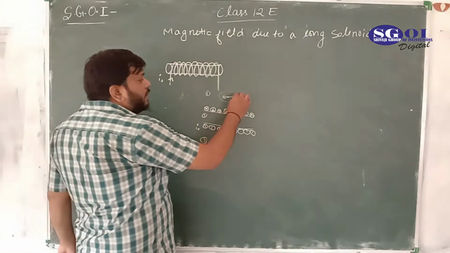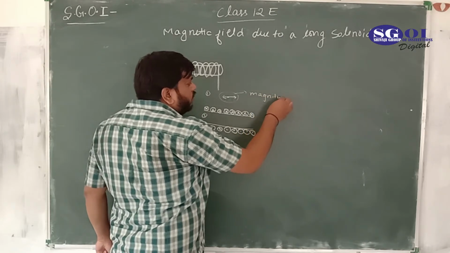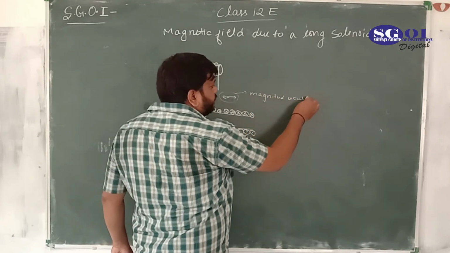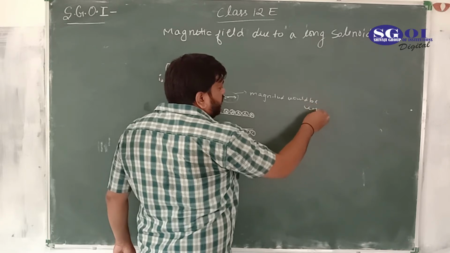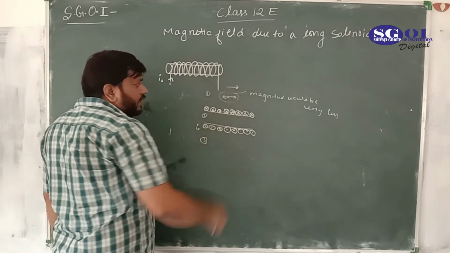So the magnitude of the magnetic field finally is reduced, and it would be very less. So the resultant direction would be in this direction.